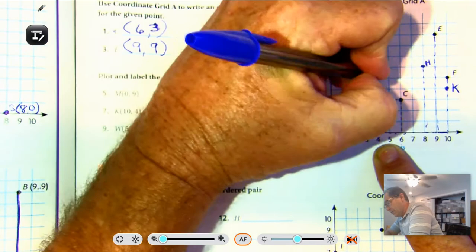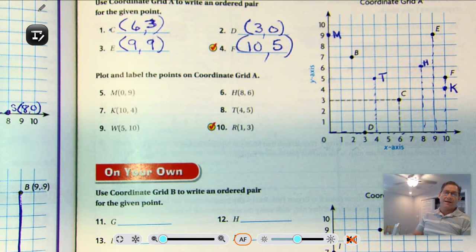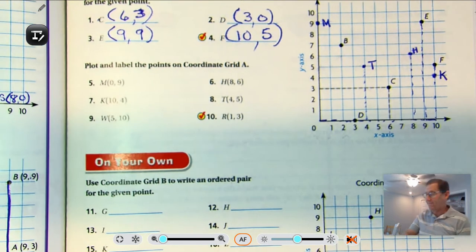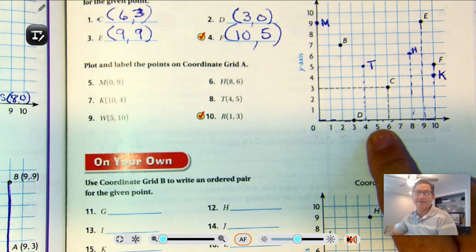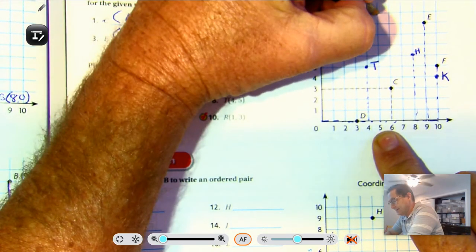And that is point T. And W. W is located at 5, 10. Go to the right 5 and up to 10.